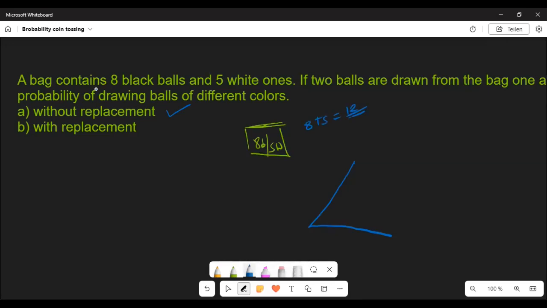Okay. So here, the main goal is, in the first drawing, you're going to expect either a black or a white one. So that's the first drawing. And if we have the black one, the probability of getting a black will be 8/12. The probability of getting a white will be 5/12. Now, remember, when we say without replacement, there's no replacement.